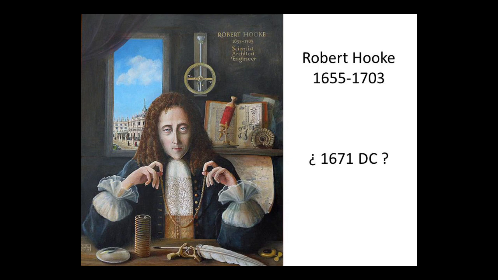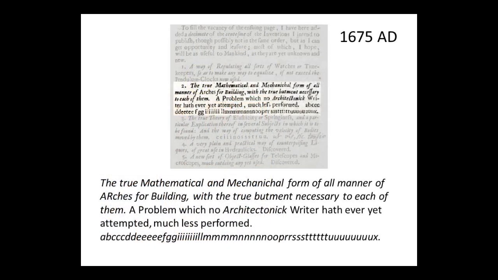You can see Robert Hooke holding the chains in his hands in this portrait, and in the portrait you can see all the inventions and discoveries of Robert Hooke, but the main one was the catenary. He wrote, as you can see here, this was published in 1675.